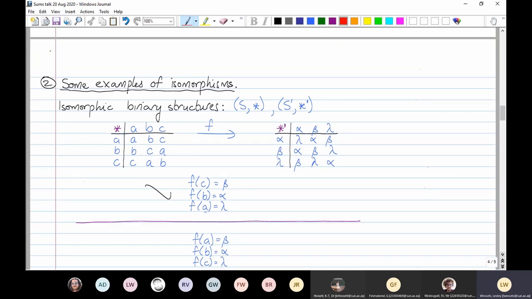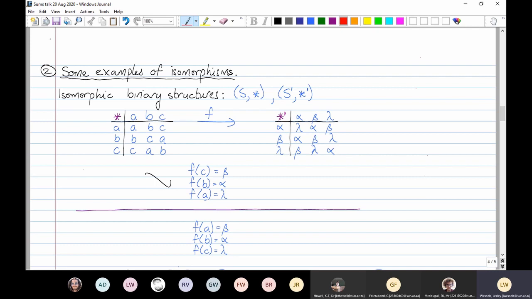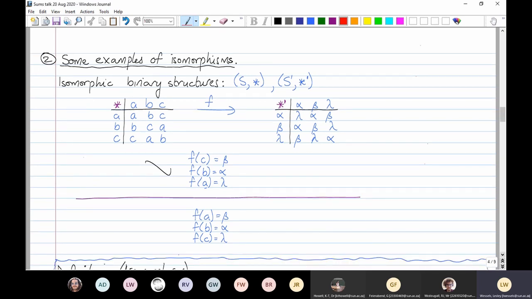If I look at the elements and the tables regarding these binary operations, you'll see that they actually look similar. Maybe it's not that obvious, but sometimes structures are so similar that you can actually define a mapping from one to the other.